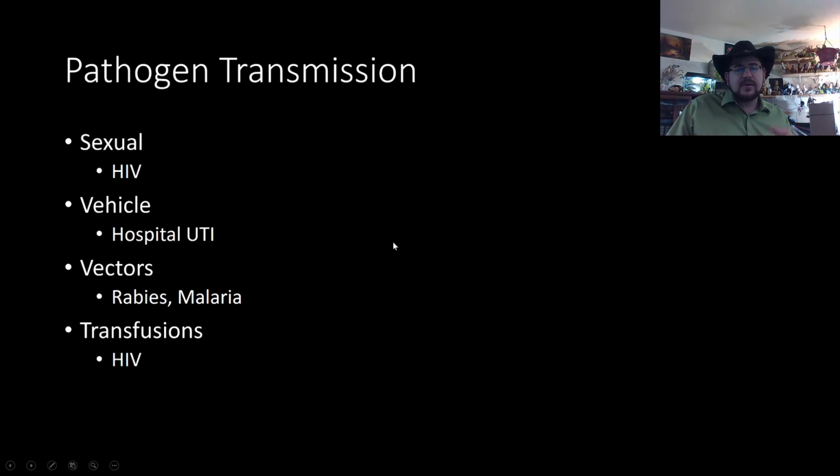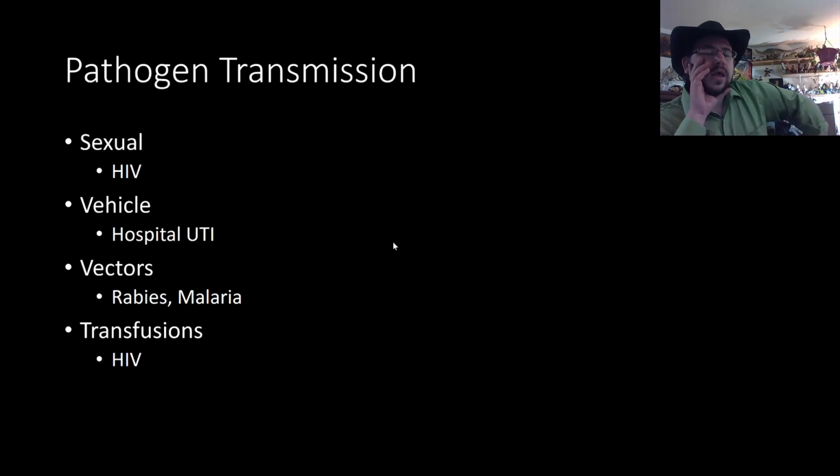Finally, transfusions. If you've got a pathogen in your bloodstream and you give blood and then somebody else gets a transfusion, that pathogen gets to them. There are records of HIV being transferred from one person to another via a blood transfusion. So this is one of the things humans work very hard on limiting.